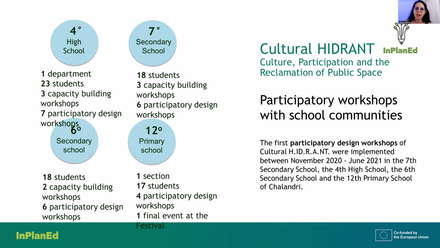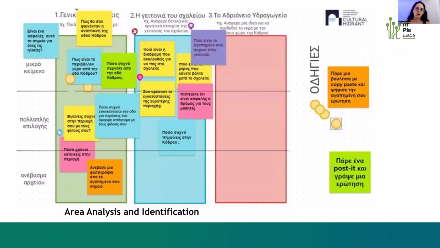Here you can see some examples of the workshops where we mapped how the students feel about the positive and negative aspects of their school and the general neighborhood, and how it is connected with the Hadrian's Aqueduct.